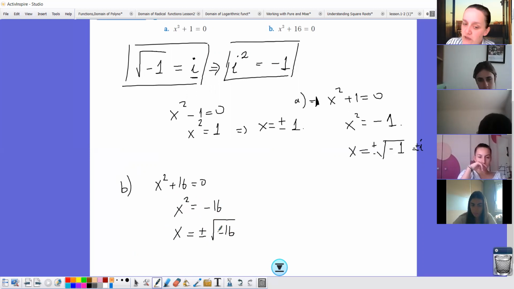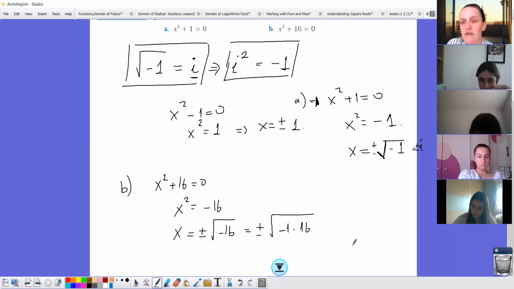Now, because here we have -16 in the root, normally, again I'm repeating, we said that it is undefined in real numbers. But now, because we know that we have this imaginary unit, I can write this one as root of -1 times 16. Is it okay if I write it this way?